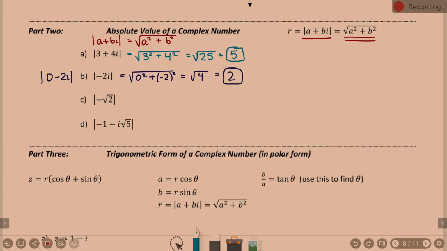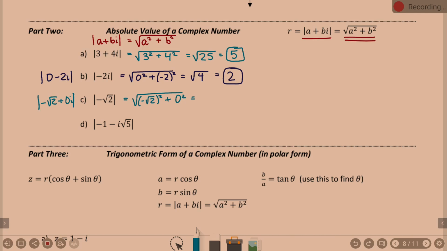Okay, what about C? What is a? Okay, a is negative square root of 2, so negative square root of 2 squared plus, what is b? There's no i part, there's no imaginary part, so it is 0. Now, yes, this could be written as the negative square root of 2 plus 0i, but this is also just a real number.